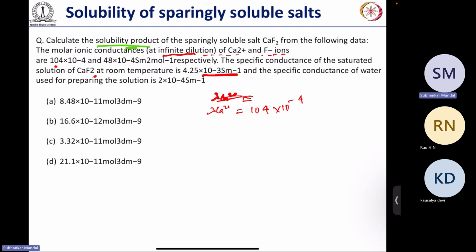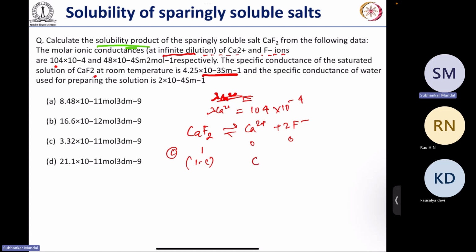For the solubility product, we know calcium 2 plus will dissociate into calcium 2 plus plus 2 F minus. Suppose initially it is 1, and at that time it has not dissociated, so that is 0. After dissolving in the solution, suppose the dissolved concentration is C. So 1 minus C is unreacted and C is dissolved.